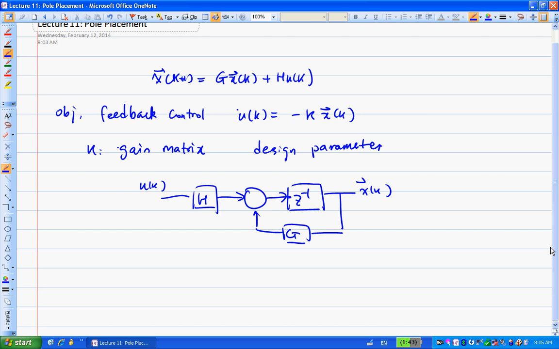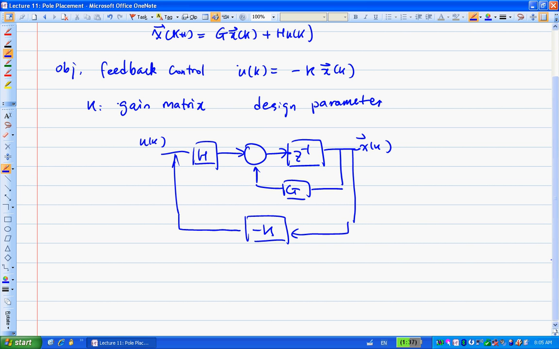Now we are feeding this back, and giving it a negative here. There we go. So that's giving you a feedback system here. There's a zero reference set here. Basically, it's a zero.